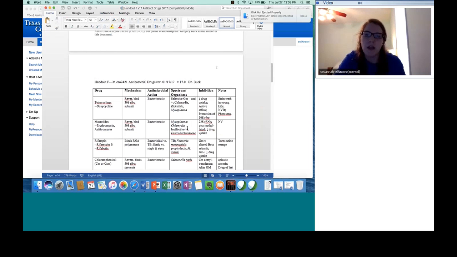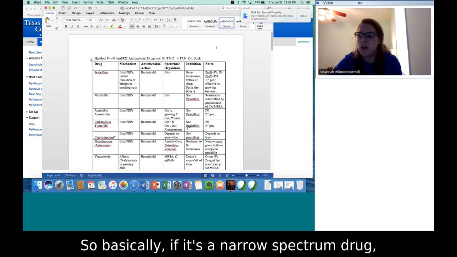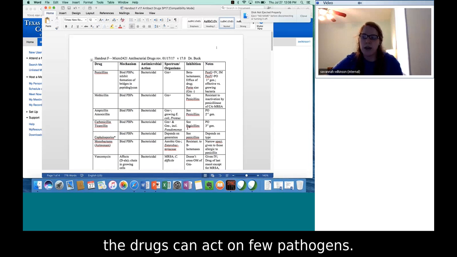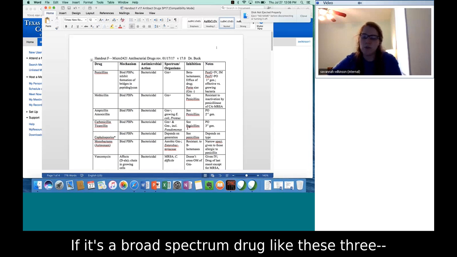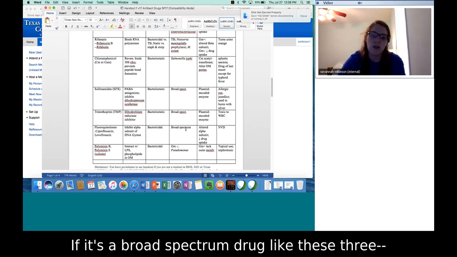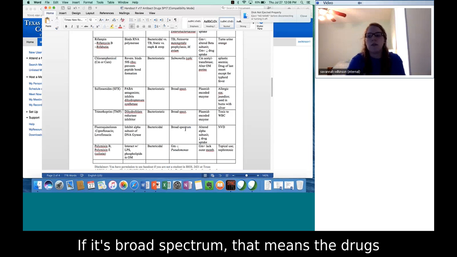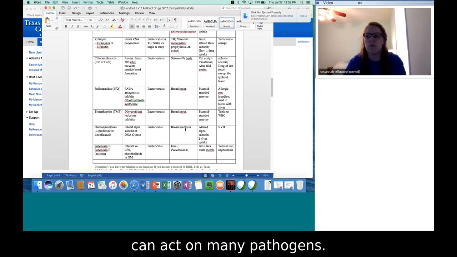You know what I mean? Basically, if it's a narrow spectrum drug, the drug can act on few pathogens. If it's a broad spectrum drug, like these three, sulfonamides, trimethoprim, fluoroquinolones, that means the drug can act on many pathogens.